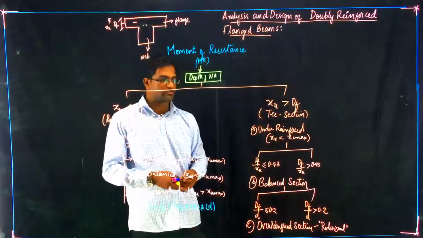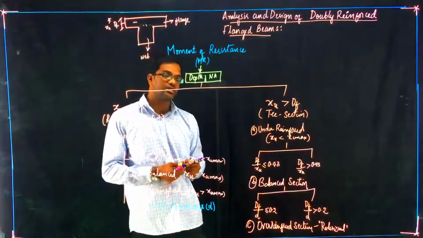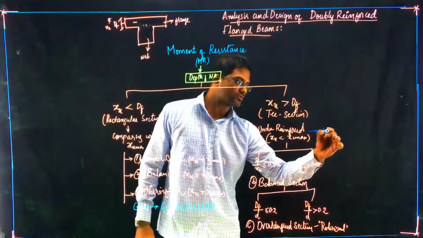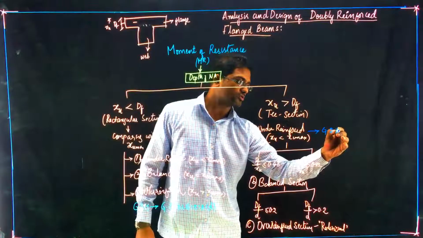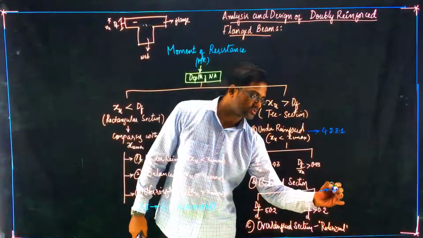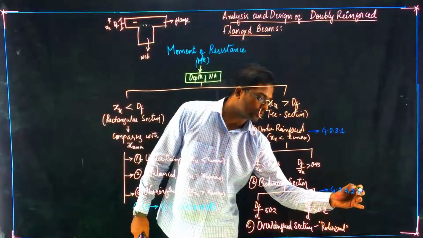The clauses which we use for analysis of under reinforced section are G.2.3.1, and this clause is specified in G2.2.2.1.